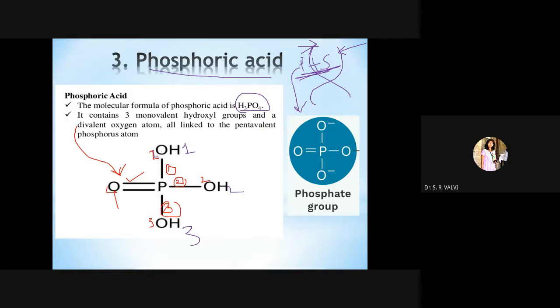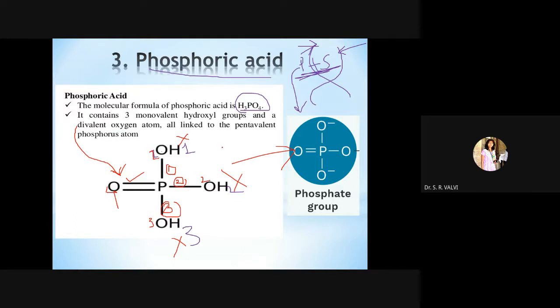When a hydrogen atom is removed from this phosphoric acid, this structure comes, which is our phosphate group. As I said, the phosphate group comes from phosphoric acid.